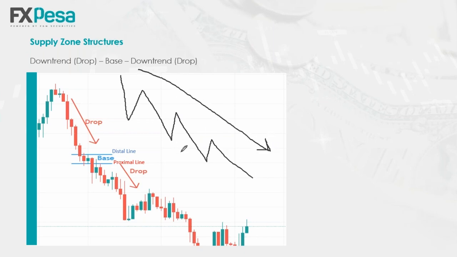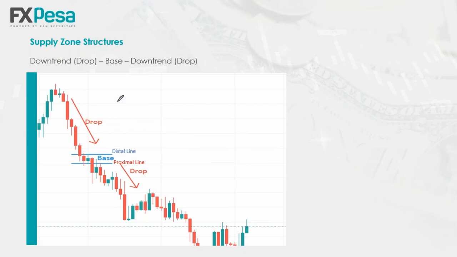So ideally, you're looking for instances where you'd have the price dropping. So you want the price to drop, then you are targeting to have a very small retracement to the upside.